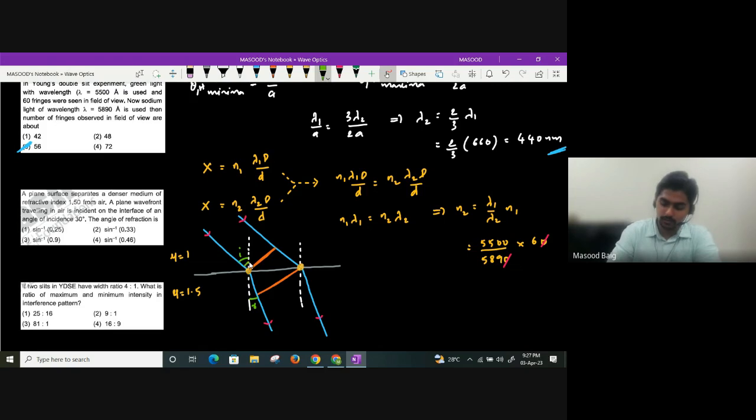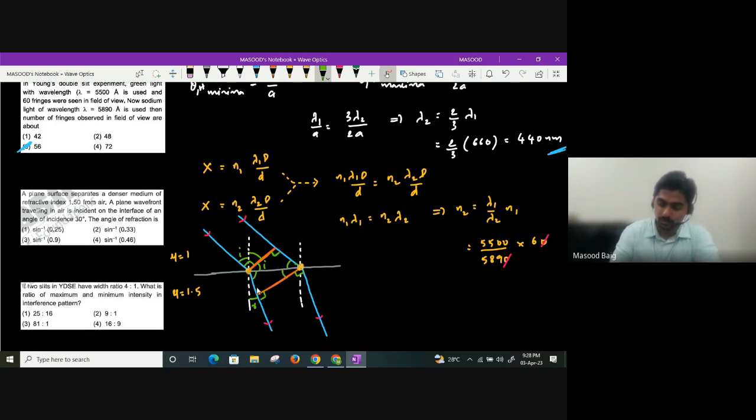Because this total angle will be 90 degrees again. Will this be 90 minus I? Yes. So again, what will this angle be? I. Again, you can consider this is 90 degrees. So what will this angle be again? 90 minus I. These two are 90 degrees, guys. So if this is R, you will get this as 90 minus R.